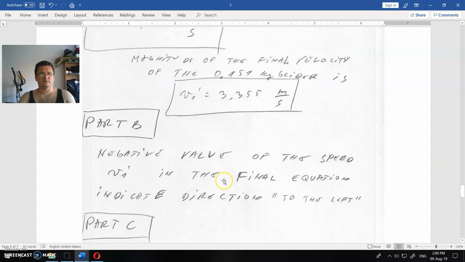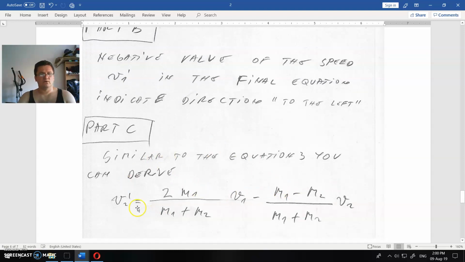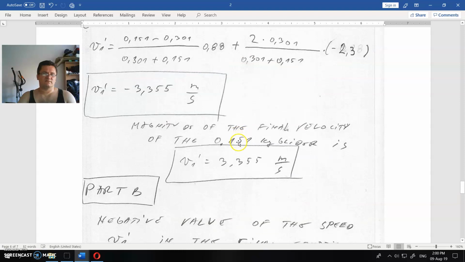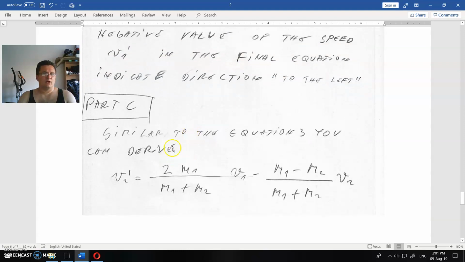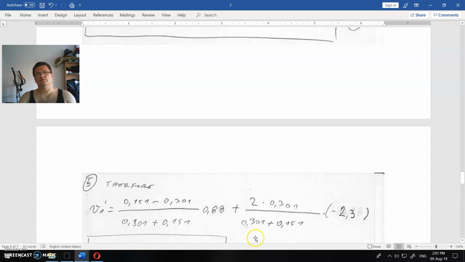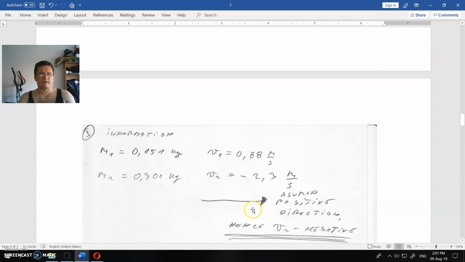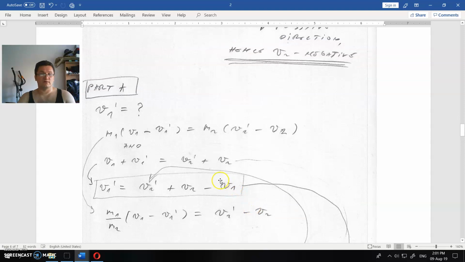Similar to the derivation of the previous equation, you could derive this too, and that would be the first speed. And the second speed, you could get similar to the derivation up there. You can derive this equation, but you don't have to do that anymore. You could just use this equation here, or similar to this one.